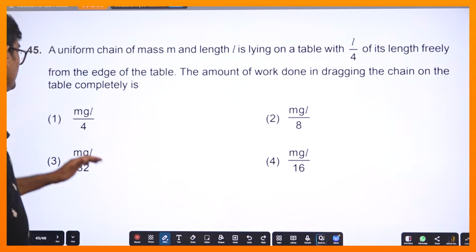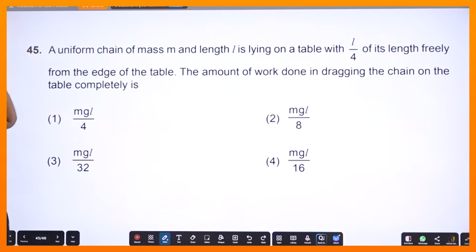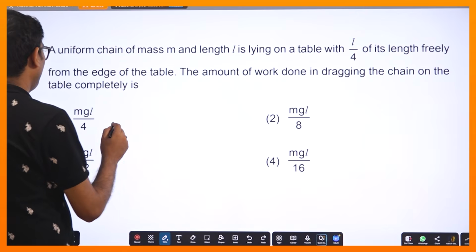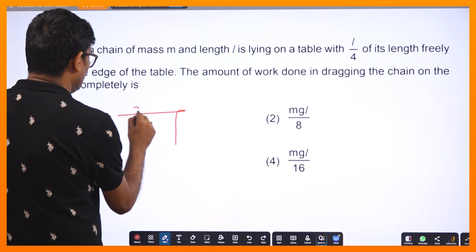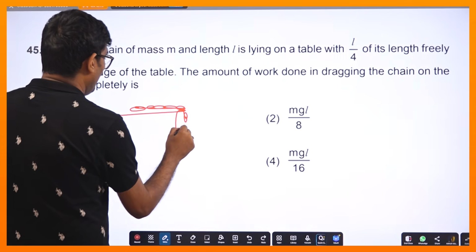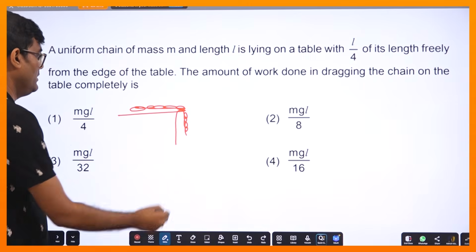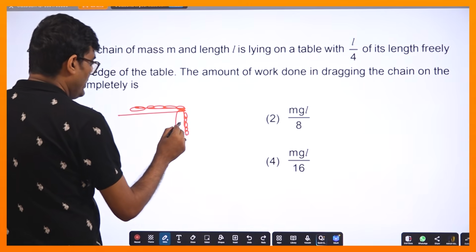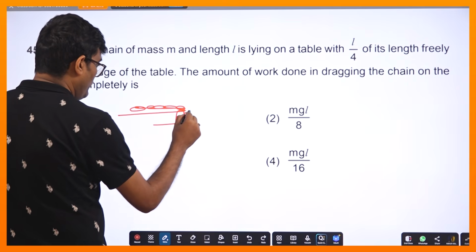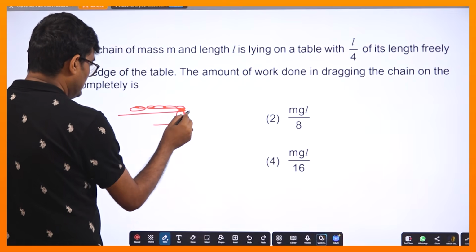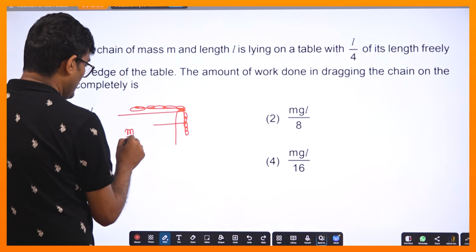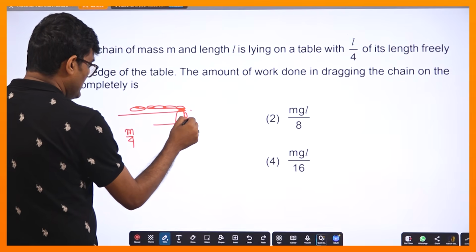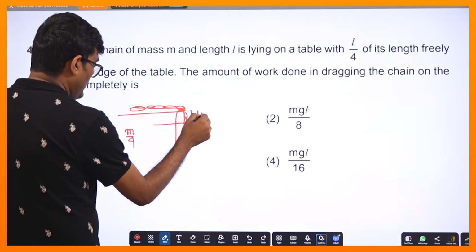Let's go for the last question. A uniform chain is lying on a table with 1/4 length freely hanging from the edge. So if this is the table, then 1/4 length is hanging from the table. What is the work done in dragging the chain up? So what is the potential energy? 1/4 means I can say this mass is m by 4, but its center of mass is at a depth L by 8.